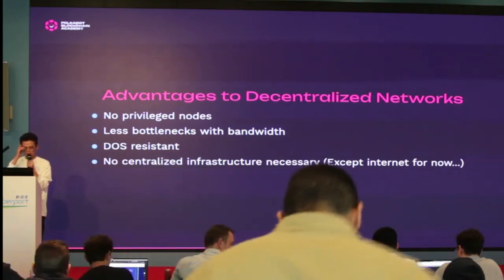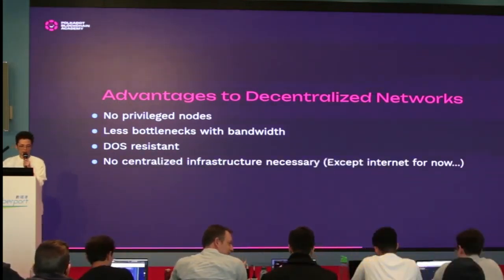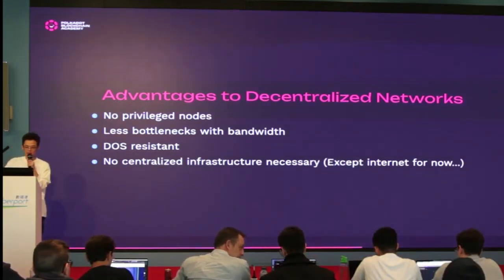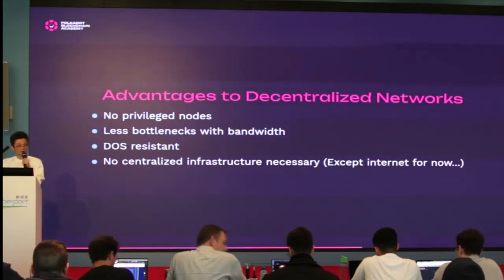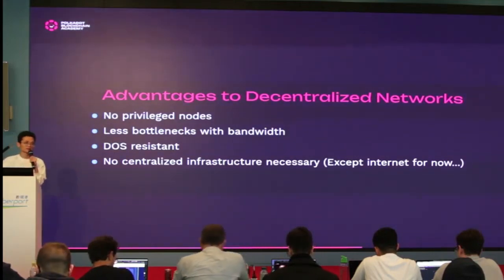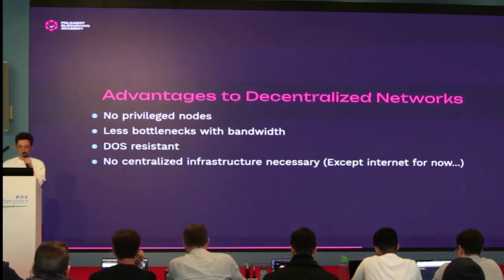And there is no centralized infrastructure necessary. We will no longer need centralized infrastructure to provide services to us. We, as citizens or end users, can provide services to each other. But an exception will be the internet. The current internet actually is centralized, I have to say.